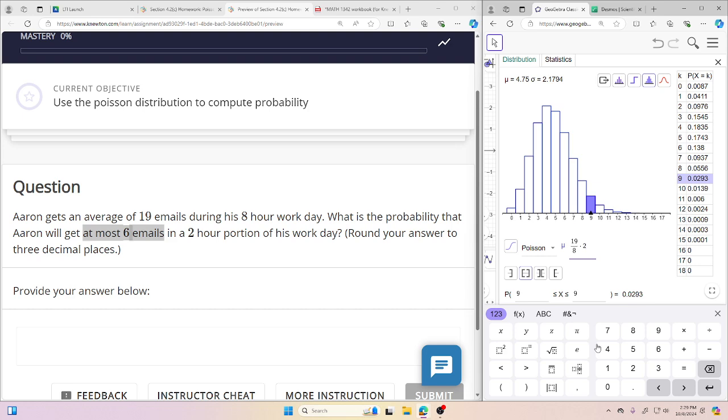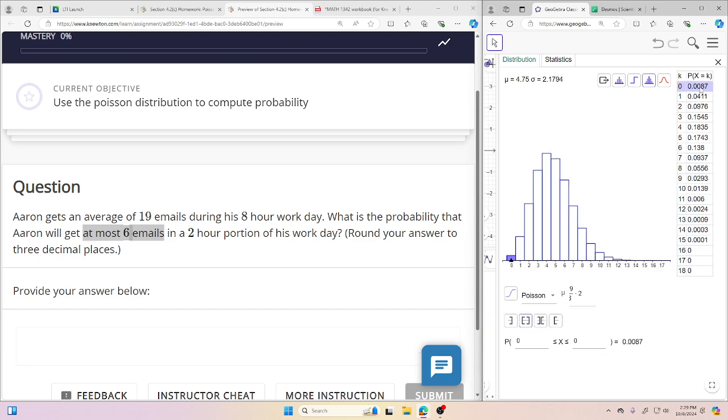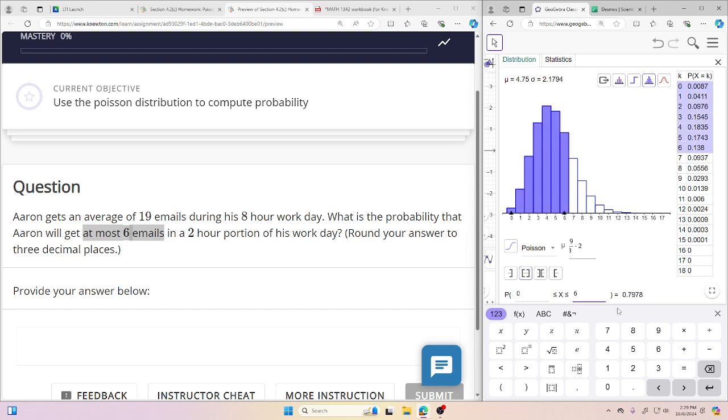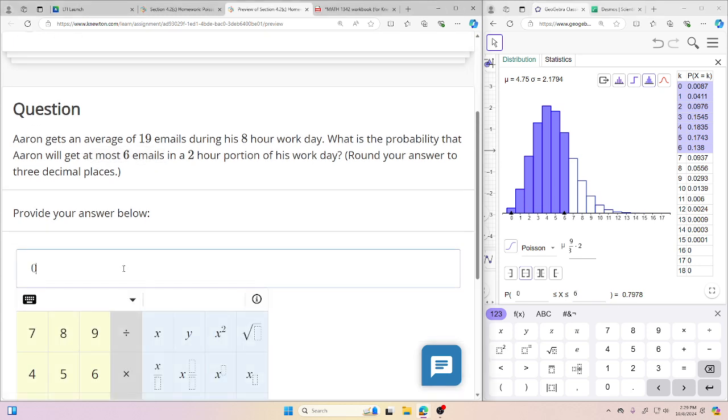See how the hours are going to cancel, leaves my emails, and then it says at most 6. So what numbers are we talking here? 0 through 6, exactly. 0, can I click and drag? No. Oh, wow. Well, I guess I could just type it down here. So yeah, at most 6, 6 is the most, 0 all the way to 6. Oh, there we go.